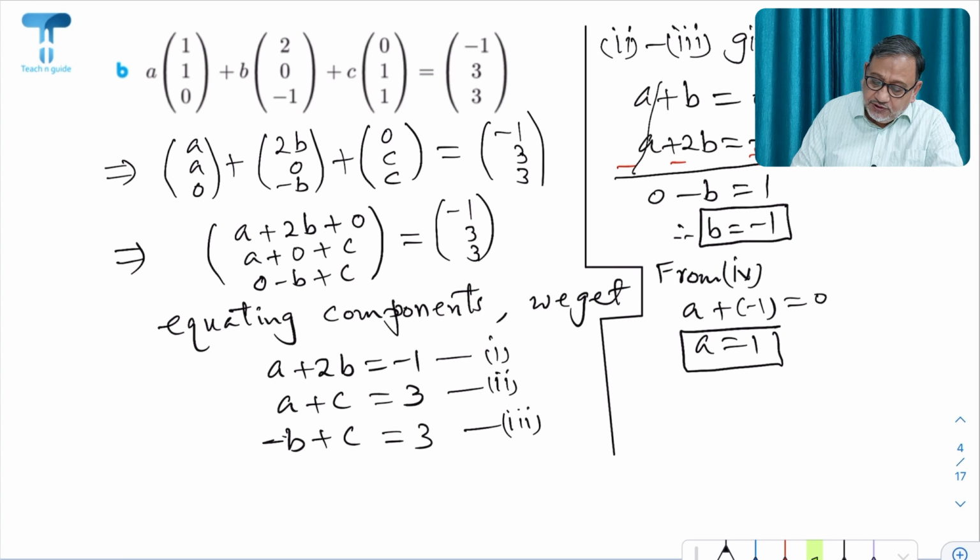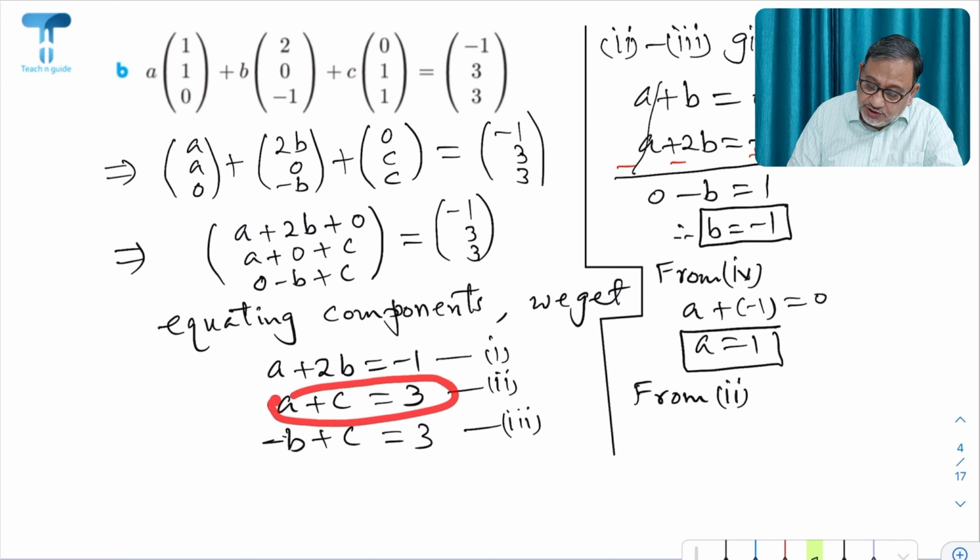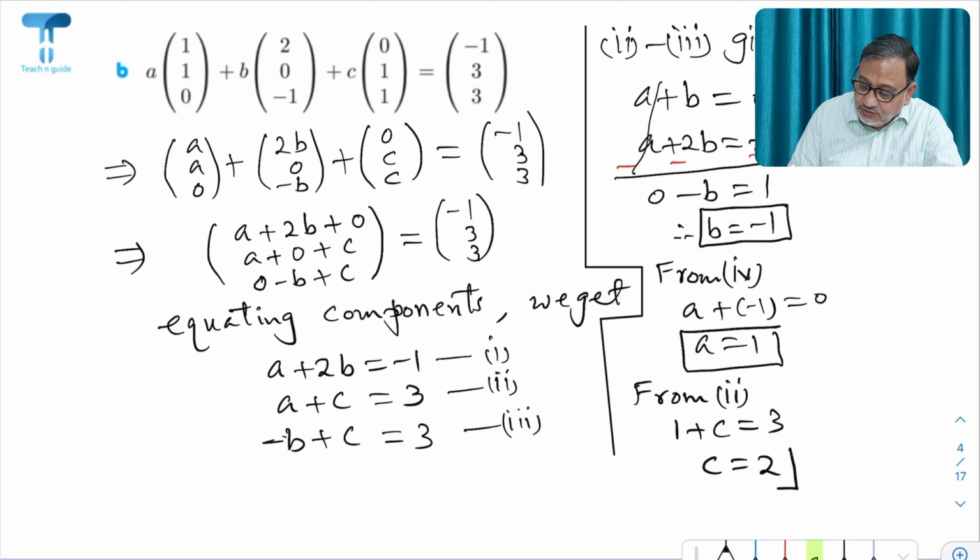Now I'll put that value in the second. From the second equation, I am going to put the value of A so that I can get C. So A plus C means 1 plus C is equal to 3. So C is equal to 3 minus 1, 2.